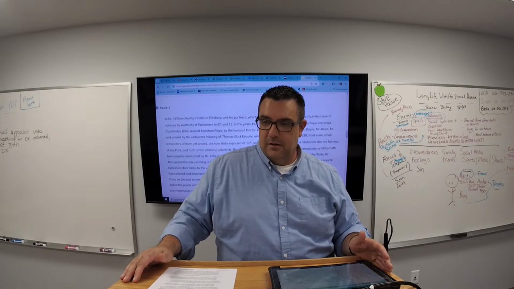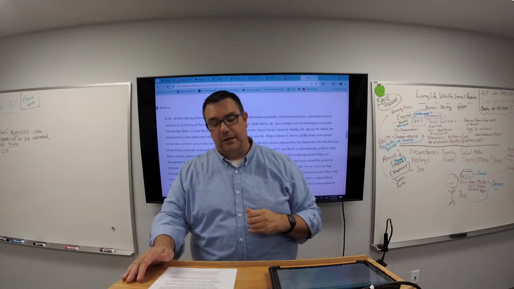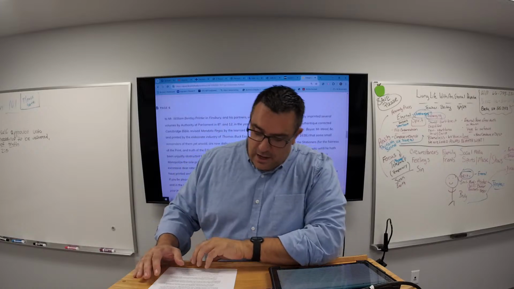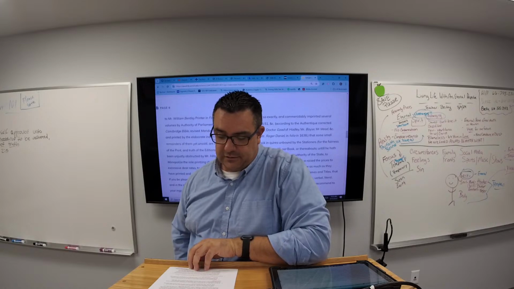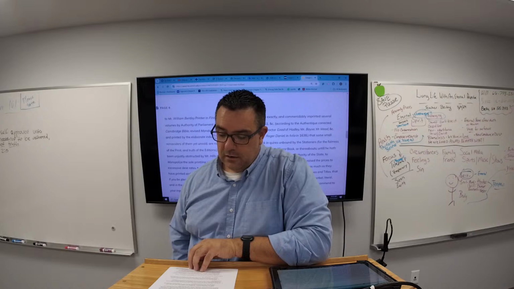So look at the next point, and you guys can tell me if you agree. At the end of the day, we just don't know the level of involvement the original translators had in the editing and printing of the text before 1638.